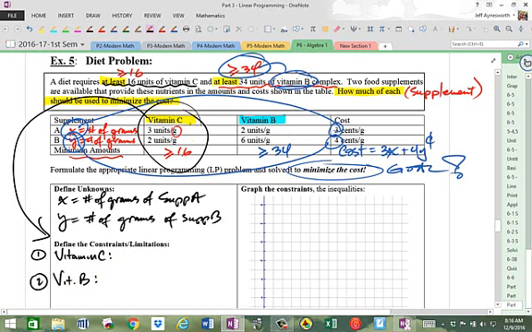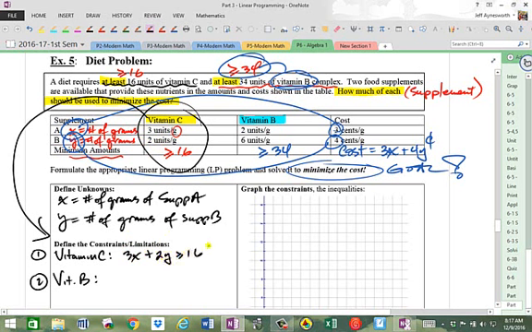For every gram of supplement A, we have 3 units of vitamin C, and 2 units per gram in supplement B. So 3 times x plus 2 times y has to be greater than or equal to 16 units, to have a healthy diet. You want at least 16 units of C.